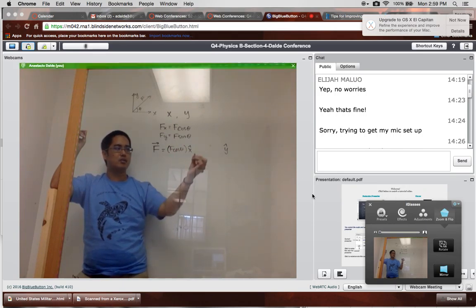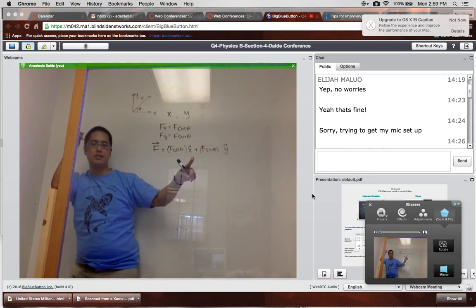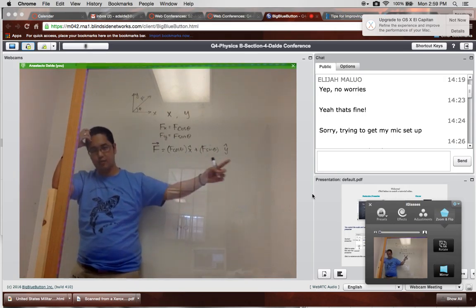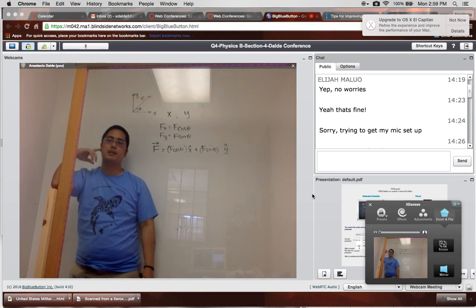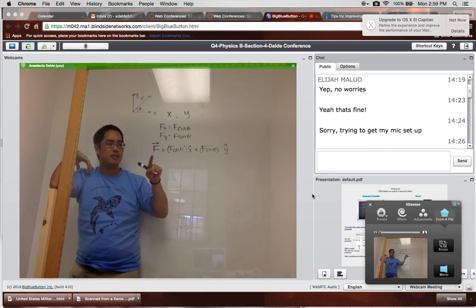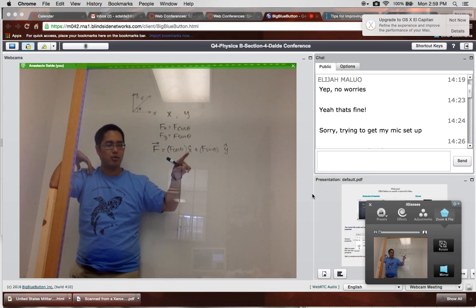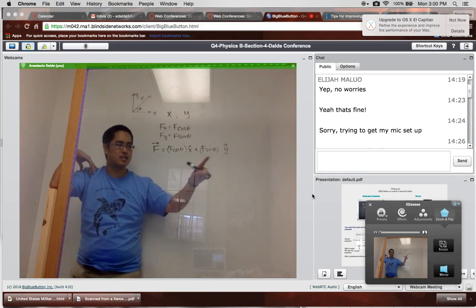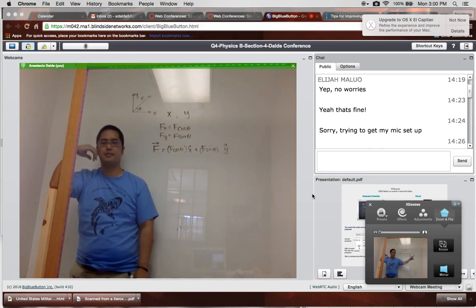What's the y part? Right. F sine theta. And these little hats, in fact, that's literally what we call them, x hat and y hat. That's to indicate that this is the x component. Here's the force, and this force is made up of this amount of force going in the x direction and this amount of force going in the y direction.